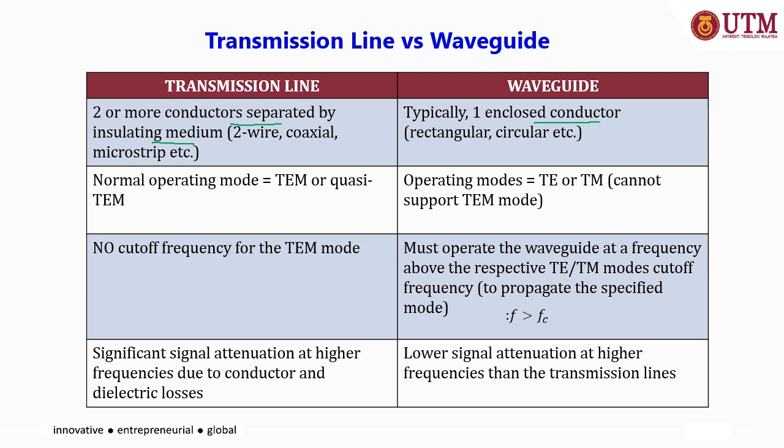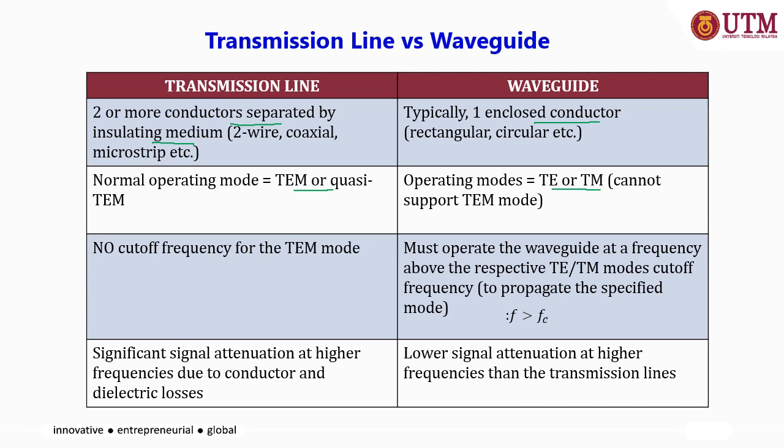The normal operating mode for the transmission line is TEM mode or quasi-TEM, while the mode of operation for waveguide structures is TE or TM mode, but it cannot support TEM mode.